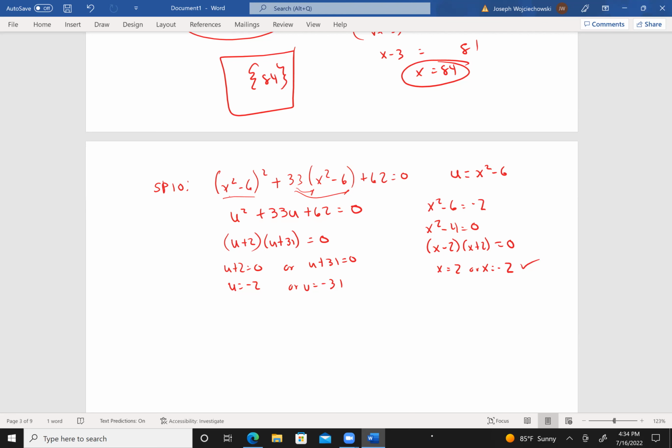Now let's look at this 31. x² − 6 = −31. That gives us x² + 25 = 0.